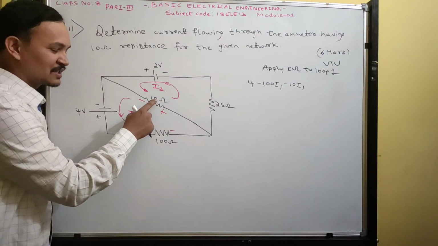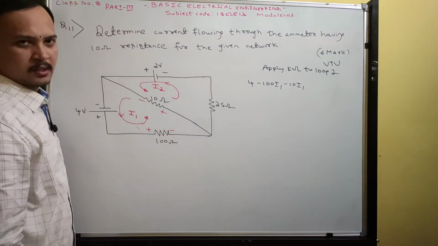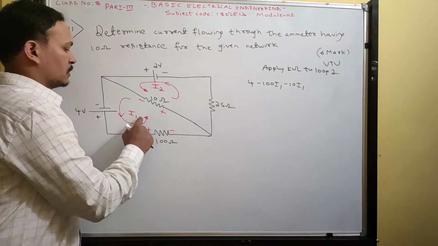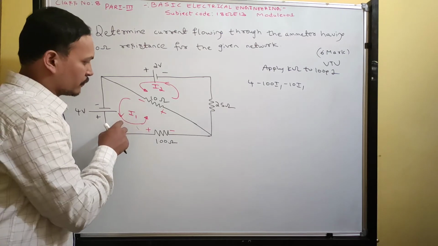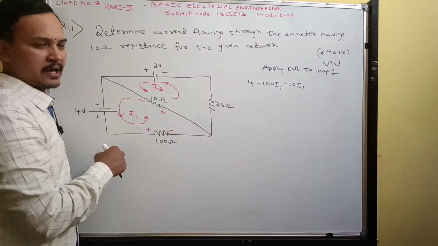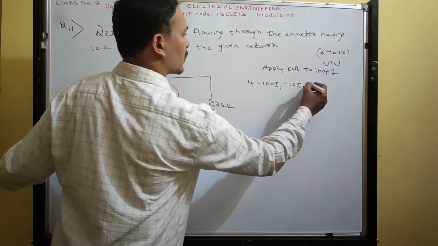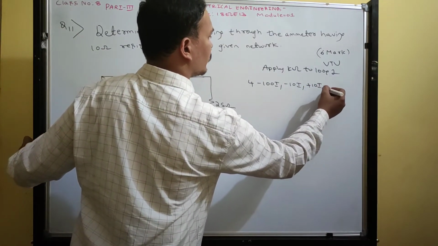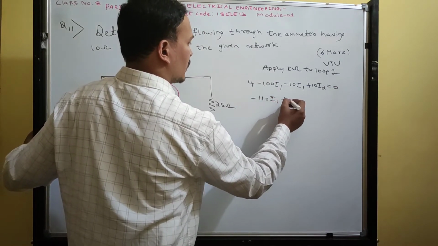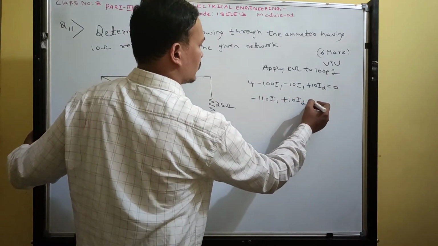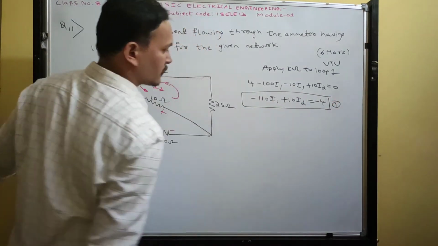But the 10 ohm resistance lies between loop 1 and loop 2. Is it right? Yes, very good. The 10 ohm resistance lies between 1 and 2. You have already written for loop 1; for this polarity, take the I2 direction. See, I2 is coming minus to plus, a rise, so it becomes plus 10 I2 equals 0. So minus 110 I1 plus 10 I2 equals minus 4 is the first equation.